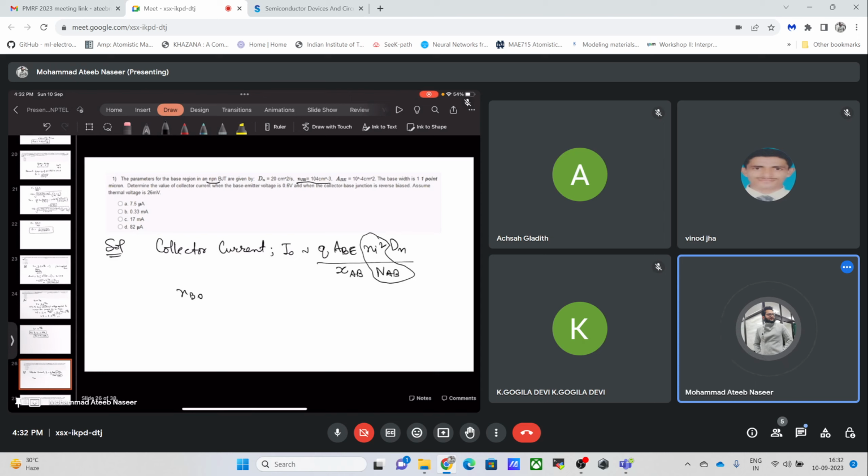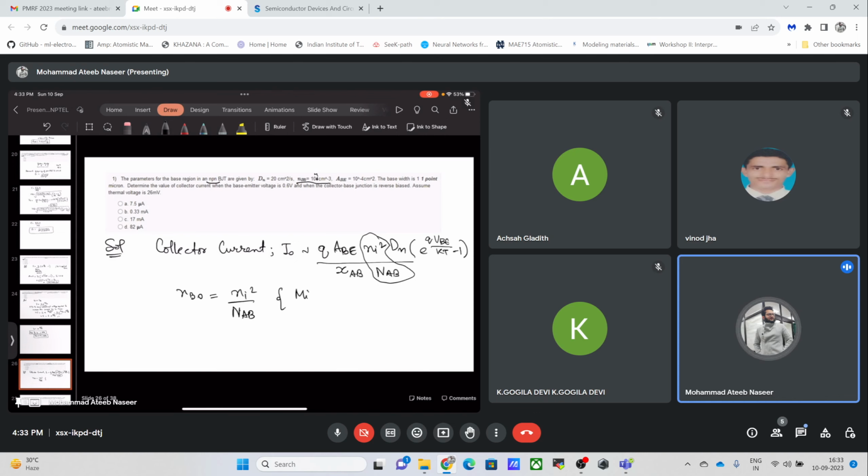So the complete equation is exponential of Q times VBE, the base to emitter voltage, over KT, minus 1. So Ni square by NAB is the minority carrier concentration in base.